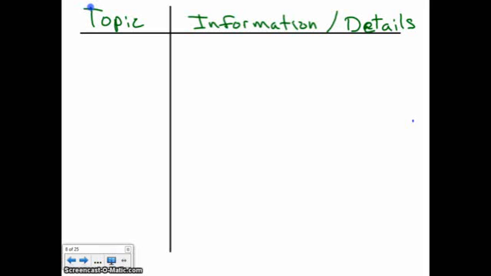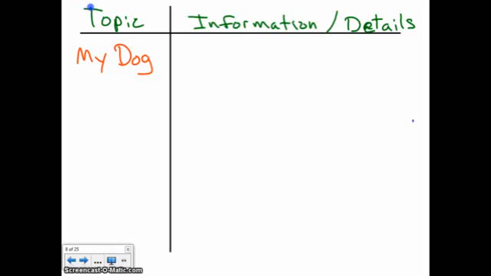Okay? So again, on the left we have a topic. I'm going to choose a topic very near and dear to my heart. My dog. Okay? So if that is my topic, again, you have to write this down. Sometimes people think it's one word, sometimes it's a couple words, doesn't matter, but my topic is my dog. So then on the right-hand side, I'm going to write information about my dog, or details about my dog.